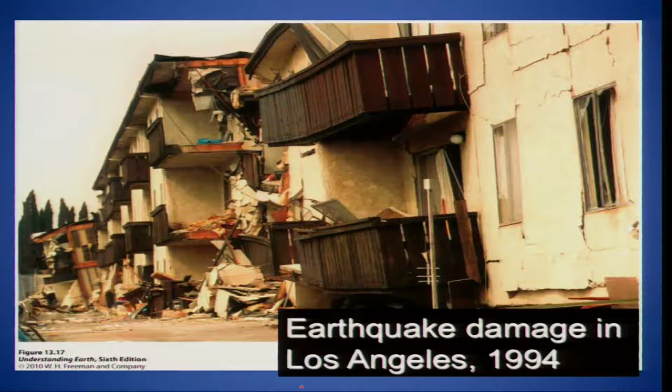Now, coming to earthquakes, we all understand that an earthquake is a sudden release of stored energy within the earth's crust. What we have experienced over the past is that earthquakes mostly result in strong ground shaking, and ground shaking results in damage to buildings.